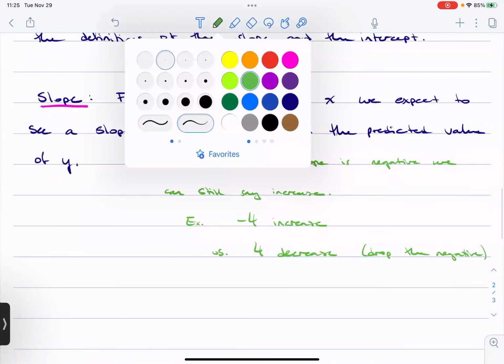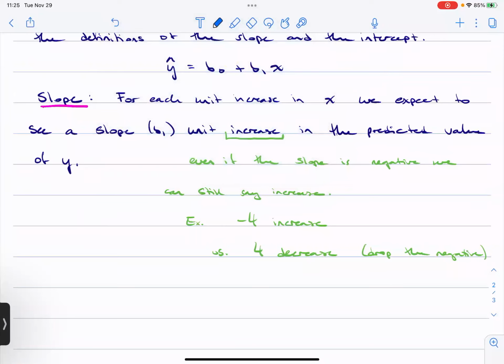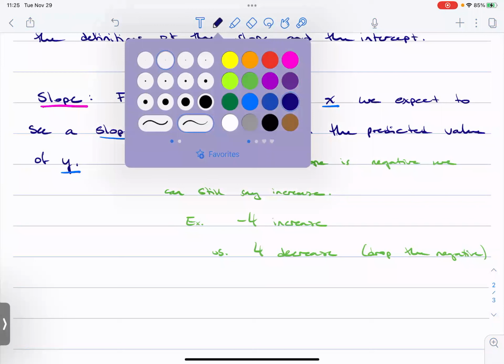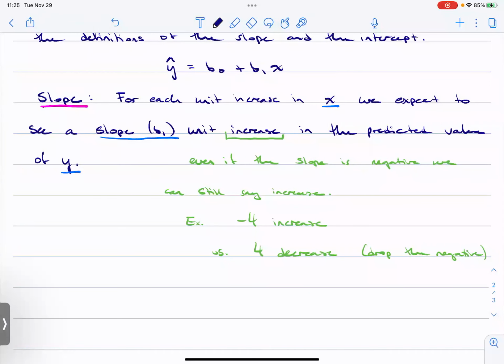So then you would swap out whatever x is, we expect to see whatever the slope is, and then replace the y with something question specific. Your x's and your y's and your slope that you found. But that's the general definition of a slope.